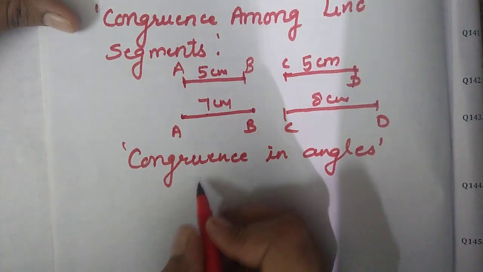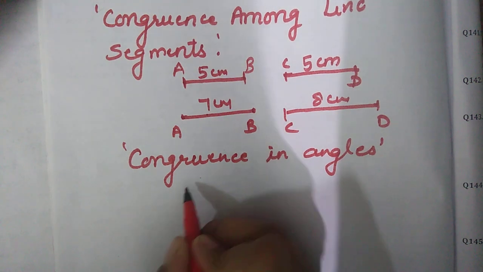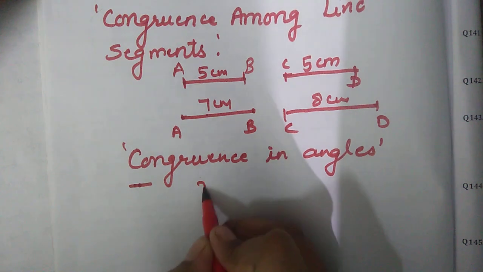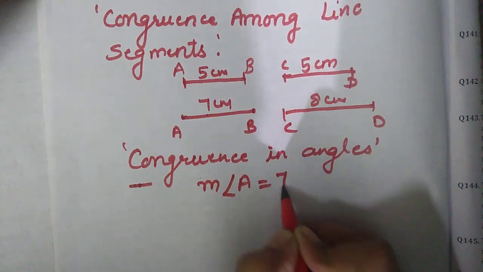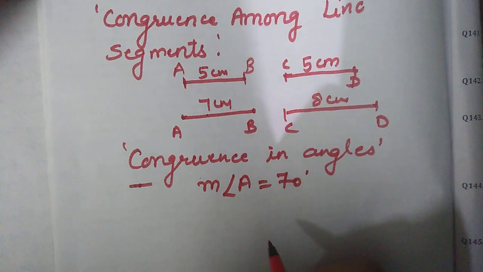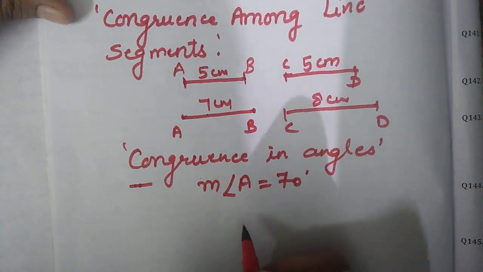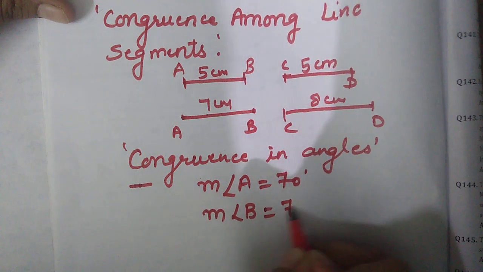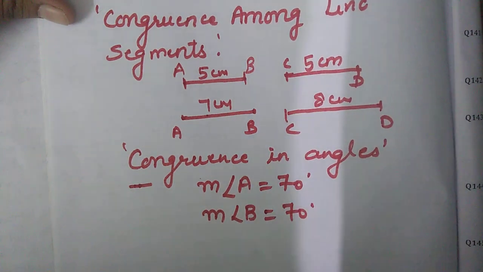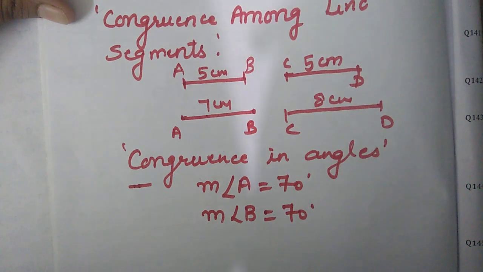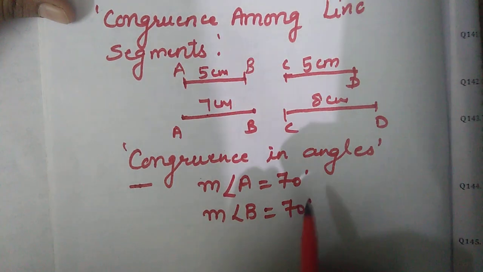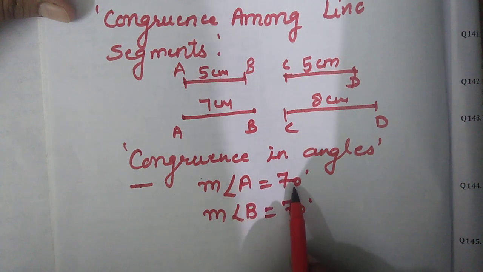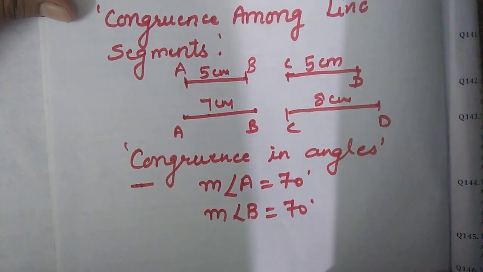If the measurement of angle A is 70 and angle A is congruent to angle B, then it is obvious that the measurement of angle B must be 70. Two angles are congruent if their measurements are equal.